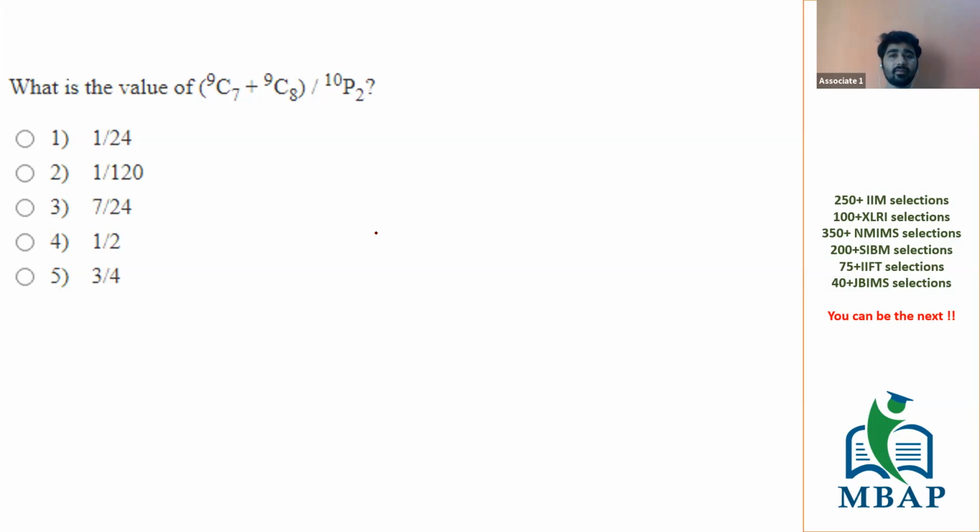So 9C7 can be written as 9C2. 9C8 can be written as 9C1. So basically, you will have 9 into 8 by 2, plus 9C1 which is 9 itself.